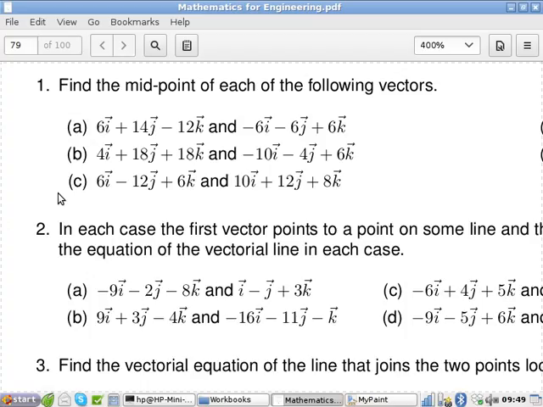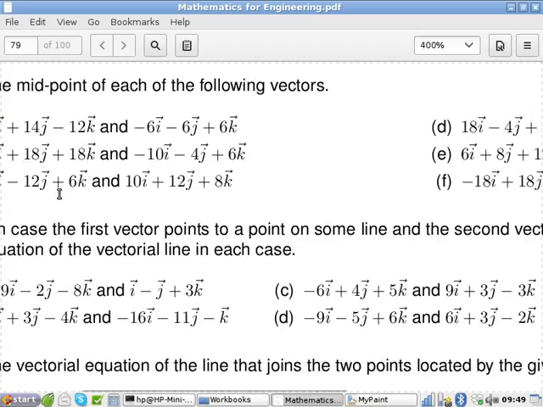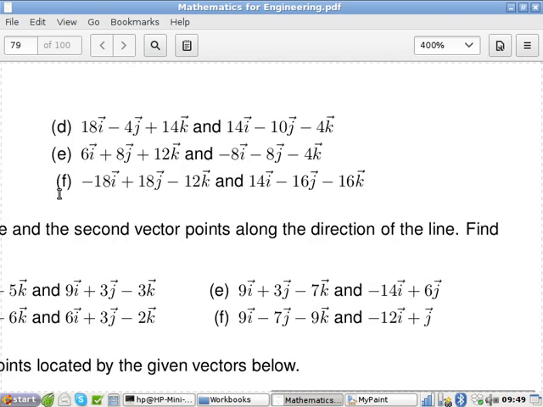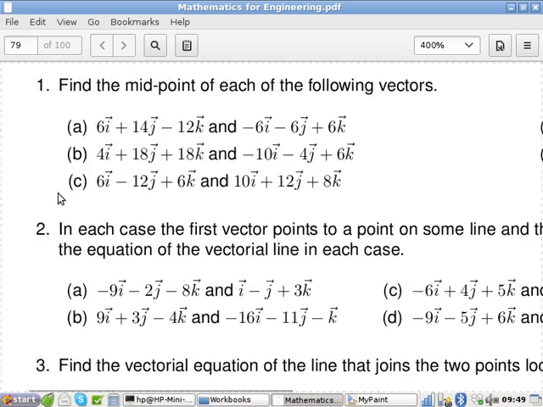It's not the 2 points, it's the first point is on the line, and the second one is along the line. In other words, I'm making it a little bit easier for you. I'm telling you that this one is A, and I'm telling you that this one is AB. In other words, I'm giving you some of the answer.